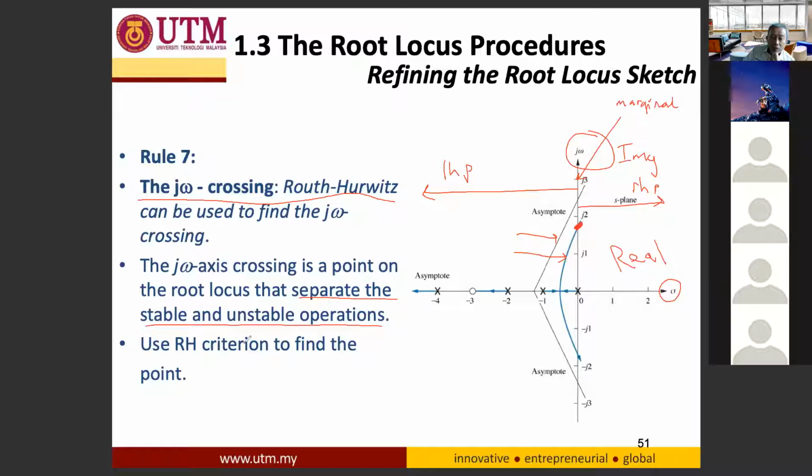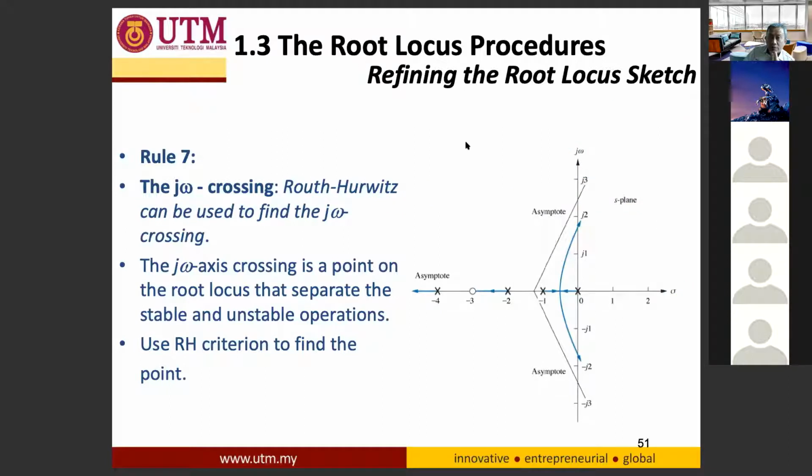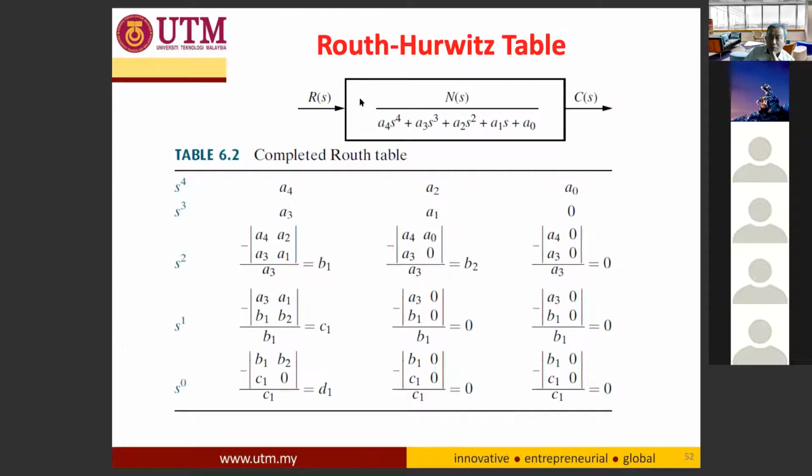So you use the RH criterion to find the point of that particular intersection. If you still remember, you learned the theory last semester, which is the Routh-Hurwitz table.